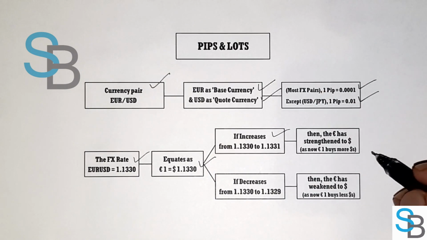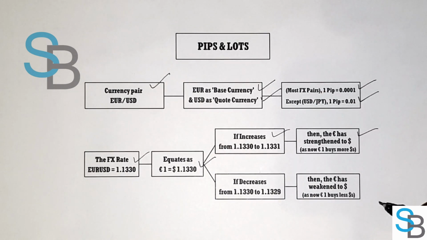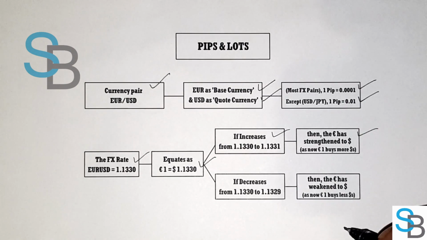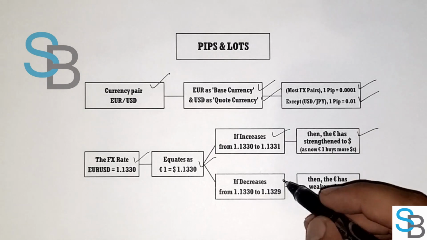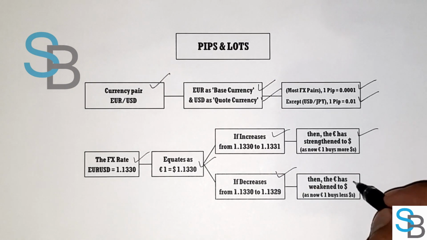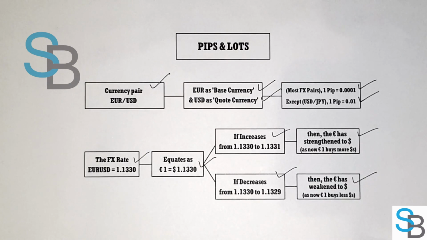This means that the euro has strengthened as compared to the US dollar, as now 1 euro can buy more US dollars. On the other hand, if the Euro-USD decreases by 1 pip from 1.1330 to 1.1329, this means that the euro has weakened as compared to the US dollar, as now 1 euro is able to buy less US dollars.